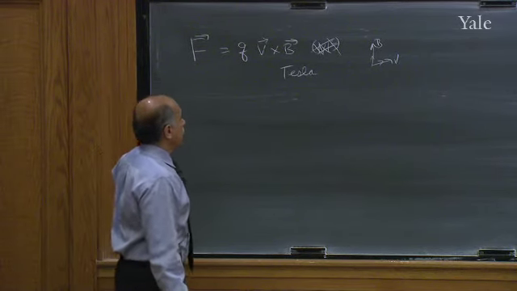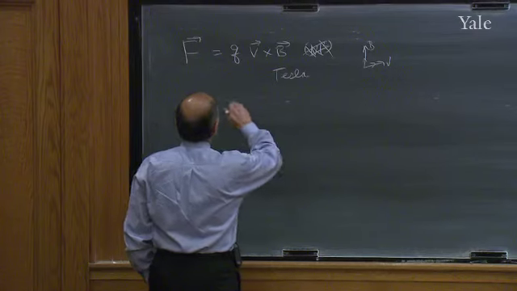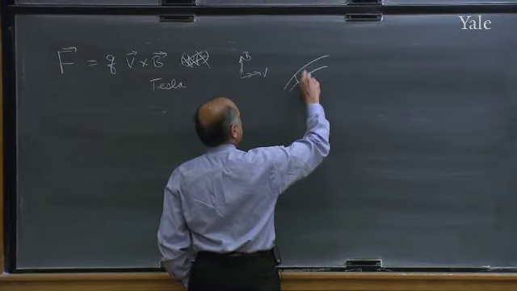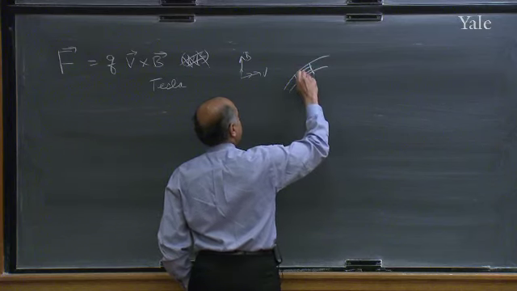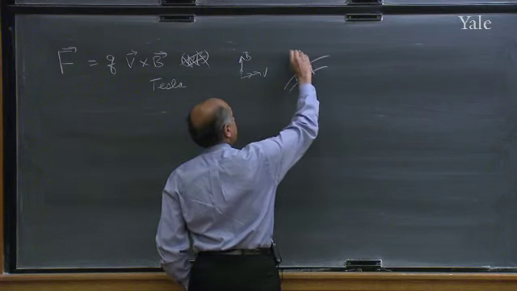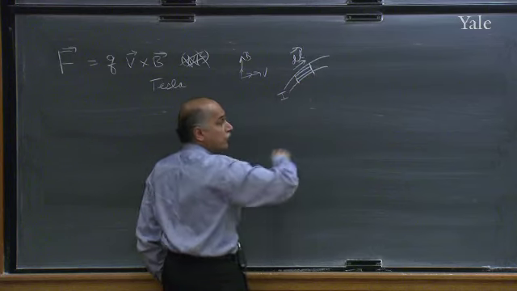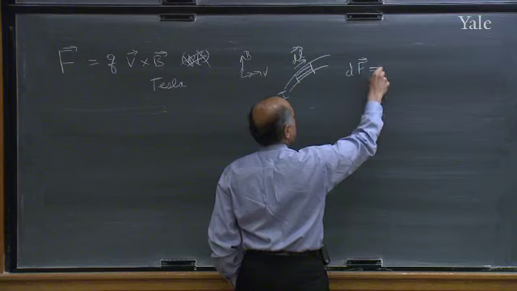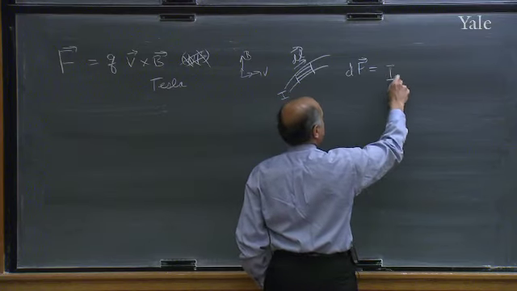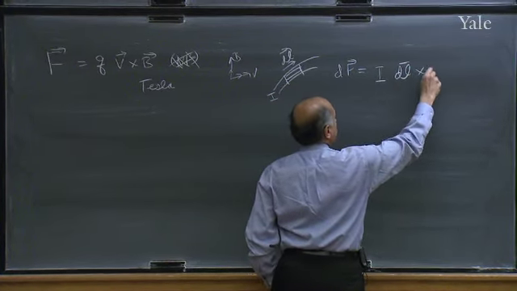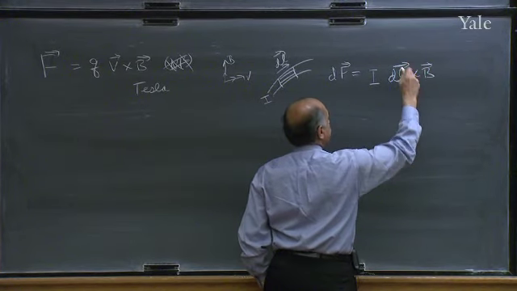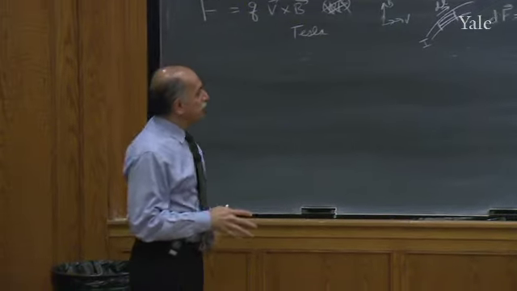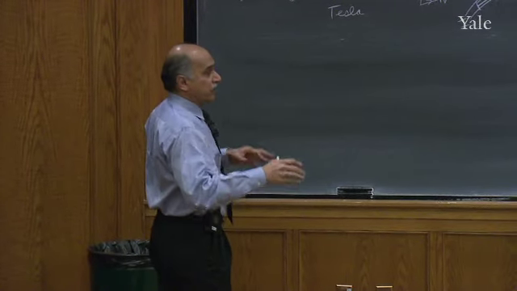Then I said, from this microscopic description of what happens to a single charge, you can go to a piece of wire carrying some current and take a segment dl, and the current is I going through the loop. The force, which I write as dF, meaning an infinitesimal force on an infinitesimal segment, is I dl cross B. So if you stick a wire in a magnetic field, different parts of the wire have current going in different directions.